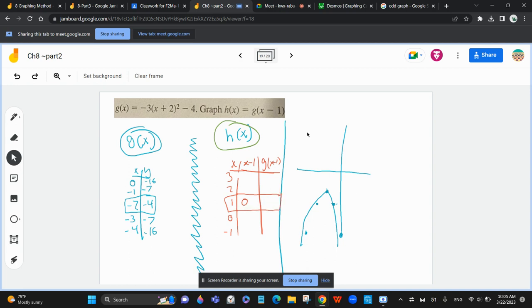Oh, no, it is not g times x minus 1. The bracket means that you plug in x minus 1 to the function.